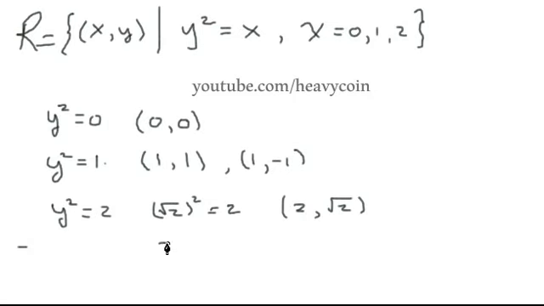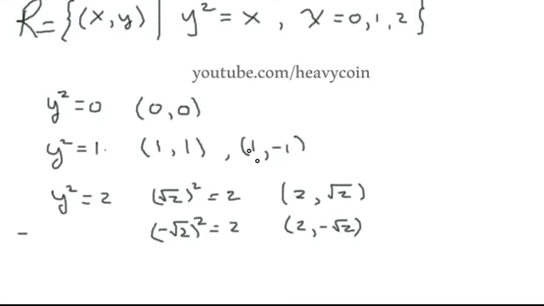Also, if I were to plug in negative square root of 2, I get a positive 2 out also. So you see there's two numbers, square root of 2 and negative square root of 2. Alright, well, I'm trying to make this short, so the domain is 0, 1, and 2.